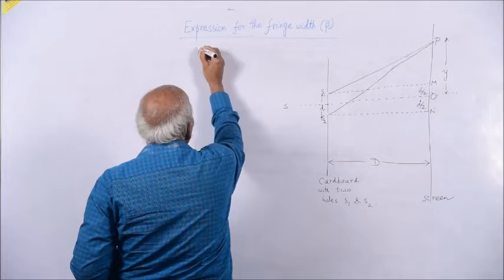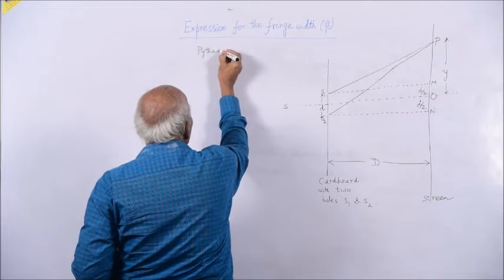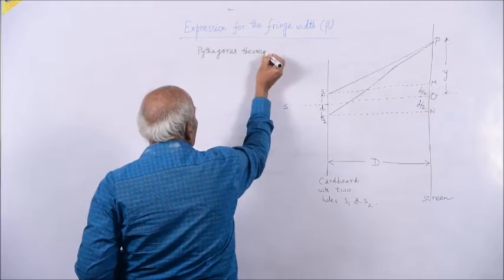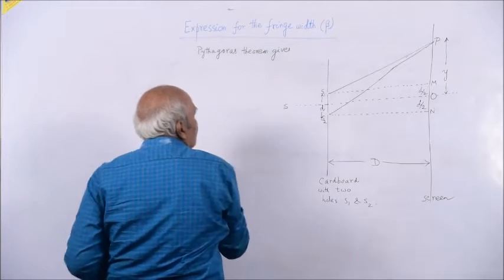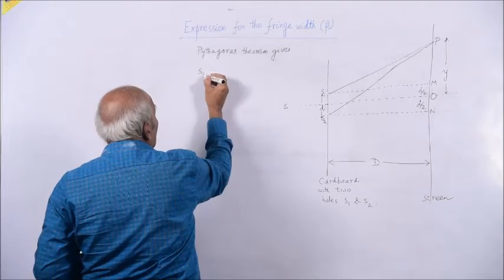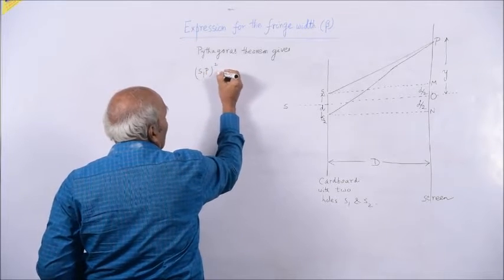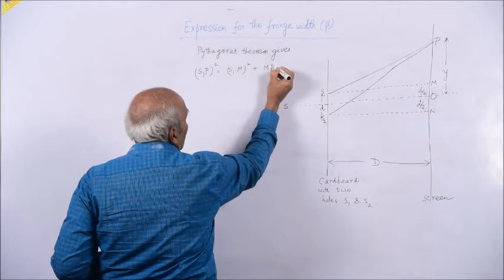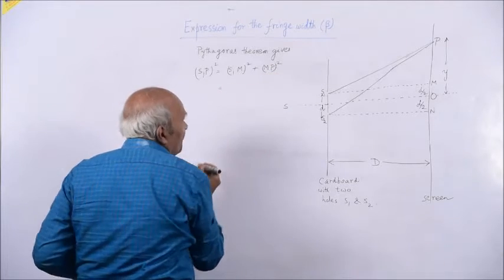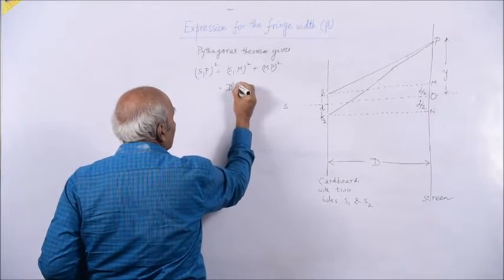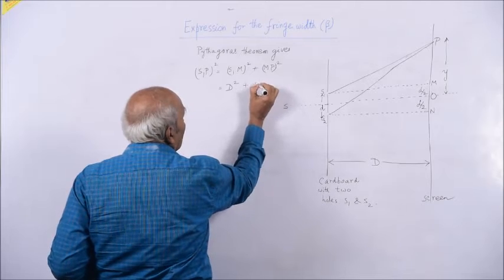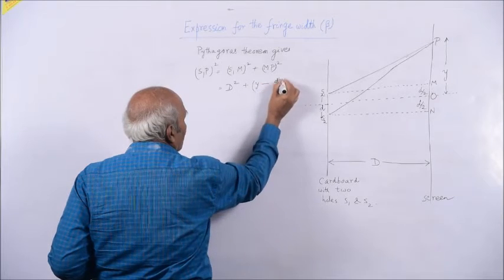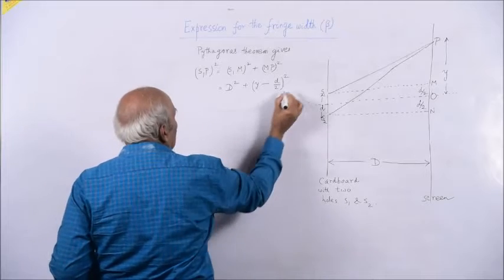So, Pythagoras theorem gives S1P square is equal to S1M square plus MP square, which is equal to D square plus (y minus d by 2) whole square. This is equation 1.